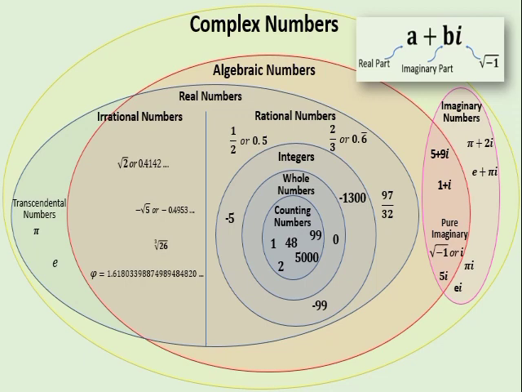Just like this: 1 plus i, 5 plus 9i, even negative 7 and 2 times i, pi i. They are imaginary and complex, because they conform with the form a plus bi, where a and b are real and i is imaginary.